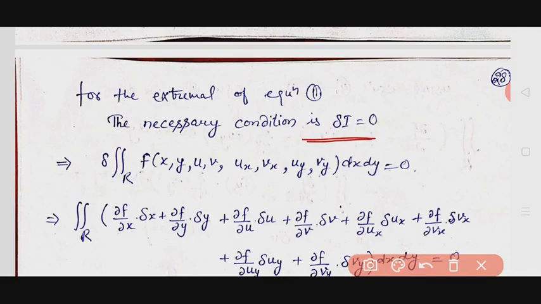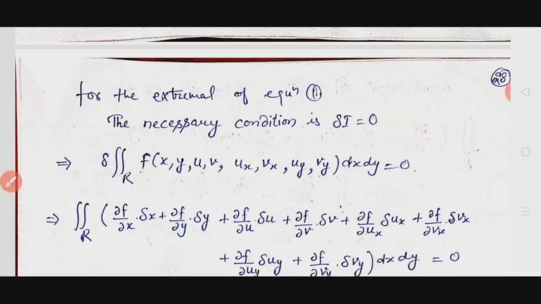So we use the necessary condition that I will be extremal if delta of I is equal to 0. So delta of the double integral will be equal to 0. Again we take the delta inside and apply the chain rule.